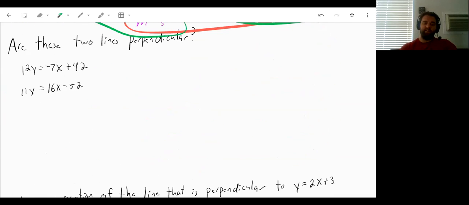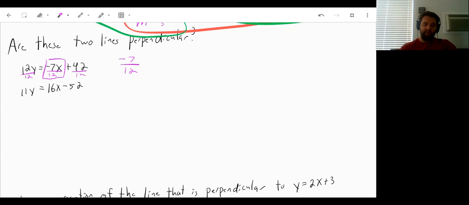You might also be asked, are 2 lines perpendicular? Well, all you need to do then is figure out what the slopes of those lines are. So for this first line, we need to get y by itself, so we divide both sides by 12. And the slope is really the only piece that ends up mattering. So our slope for that first line comes out to be -7/12. That fraction can't be reduced or simplified anymore.